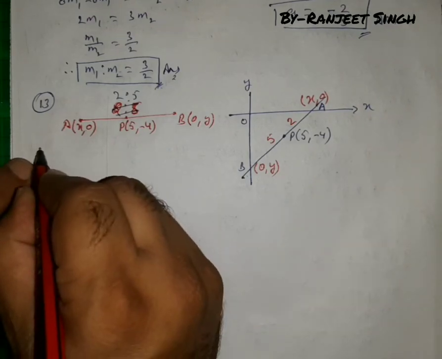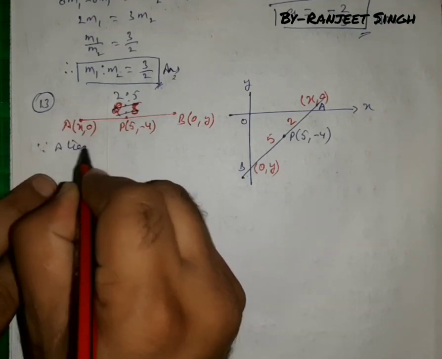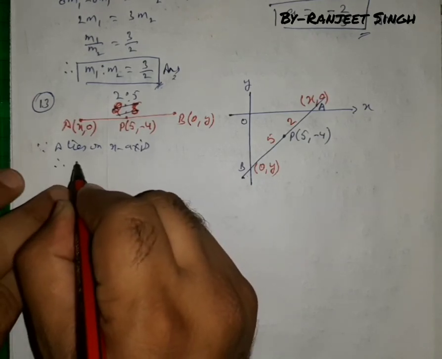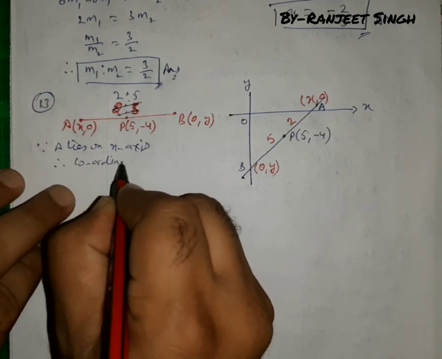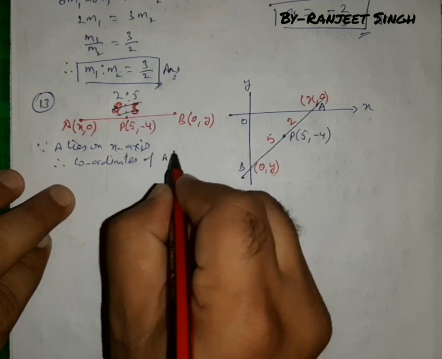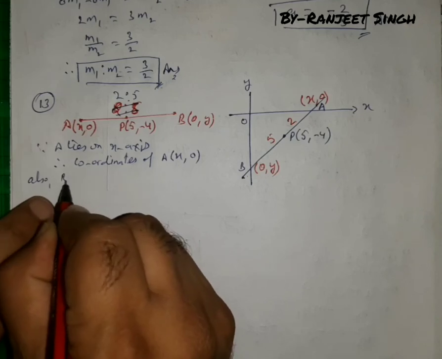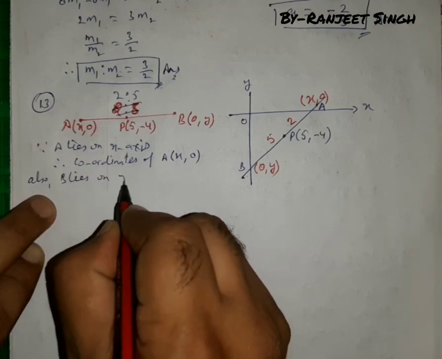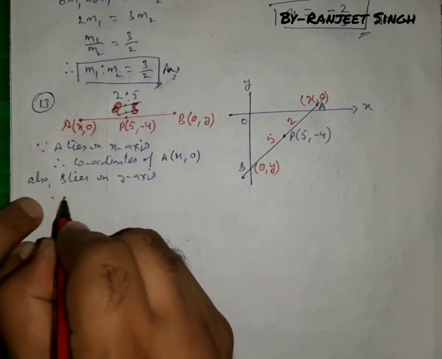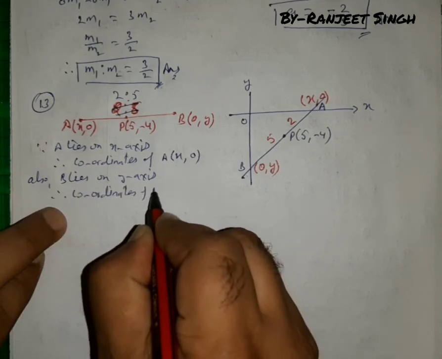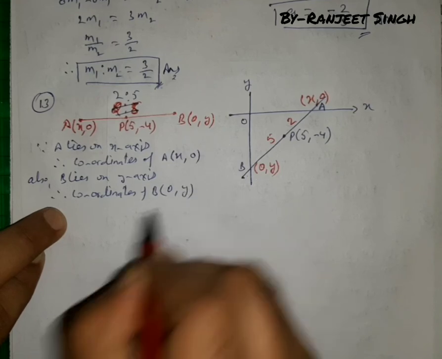So since A lies on the x-axis, therefore coordinates of A are (x, 0). Also B lies on the y-axis, therefore coordinates of B are of the form (0, y).